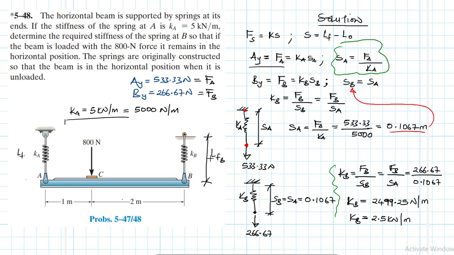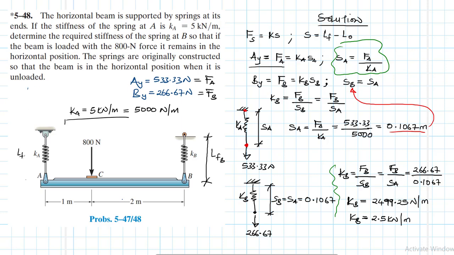We expect spring B to have a lower stiffness compared to spring A, because the spring force at B is lower than the other one. So for the stretches to be the same, spring A must have a higher stiffness than spring B. So this solution makes sense.